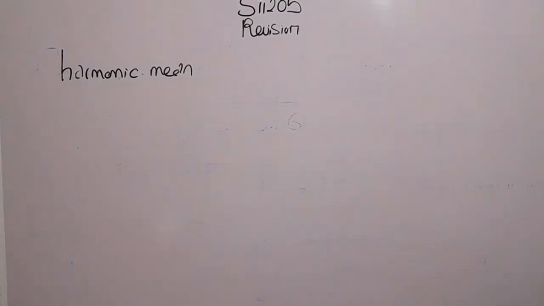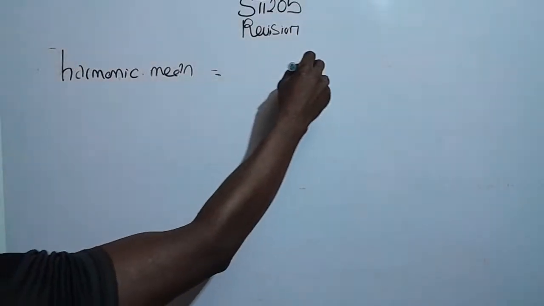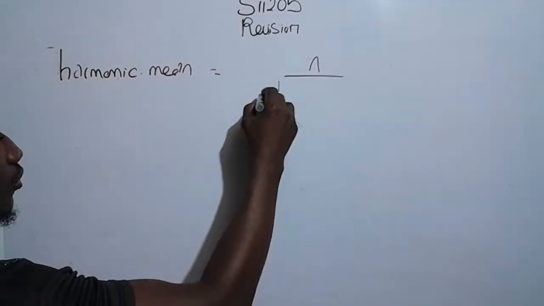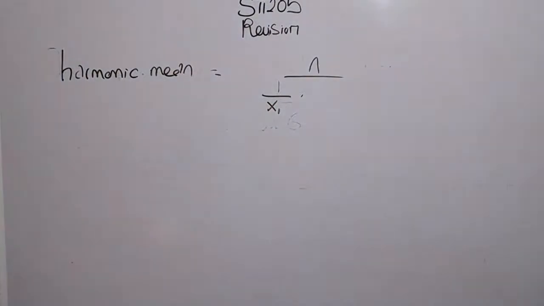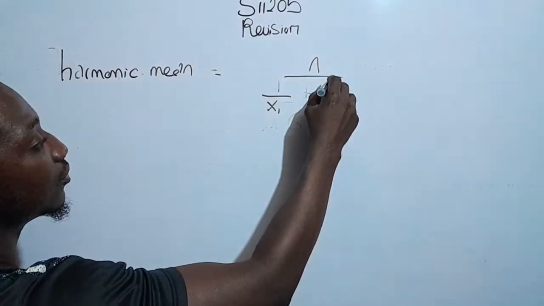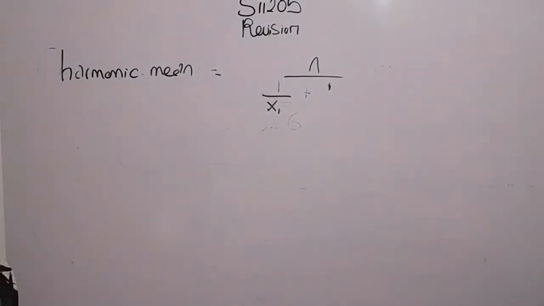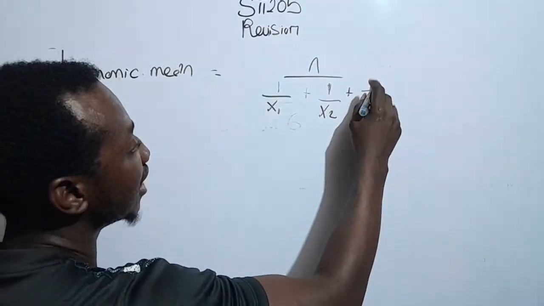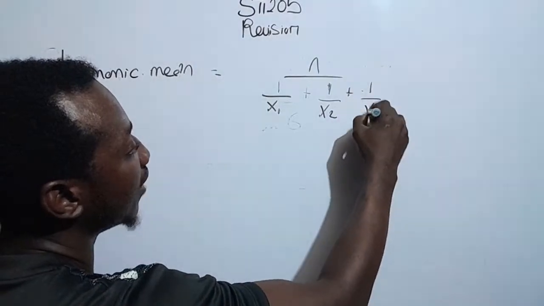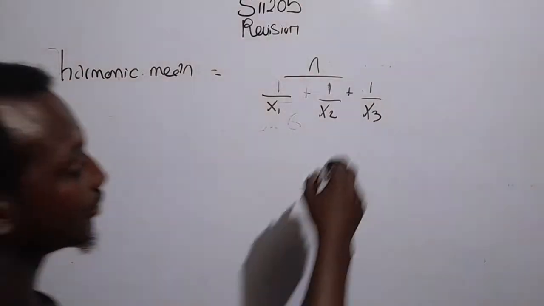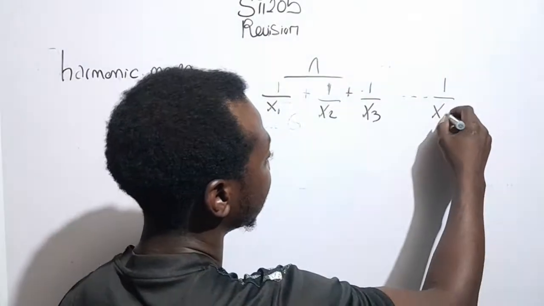For harmonic mean, we have n over 1 over x1, plus 1 over x2, and it continues like that, 1 over x3, till we have 1 over xn.